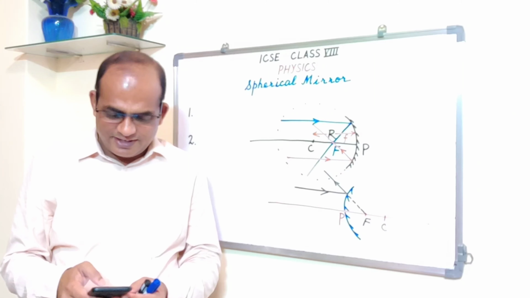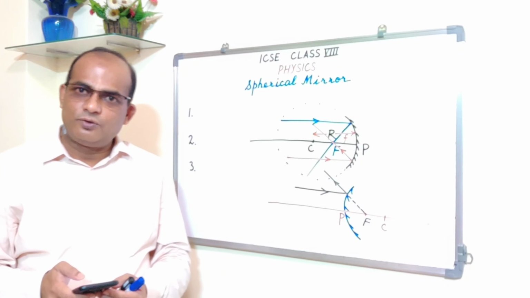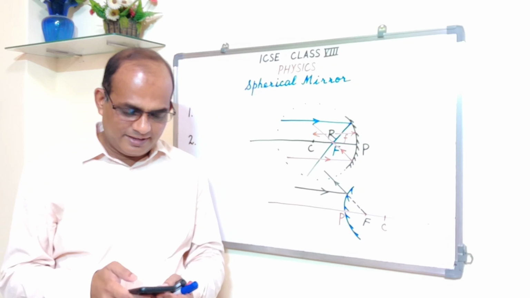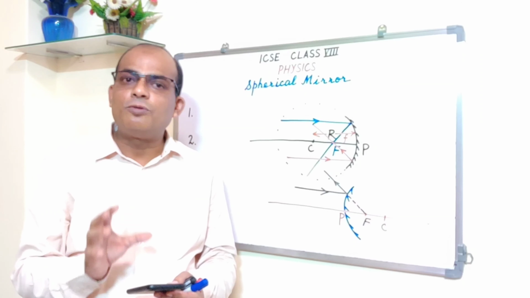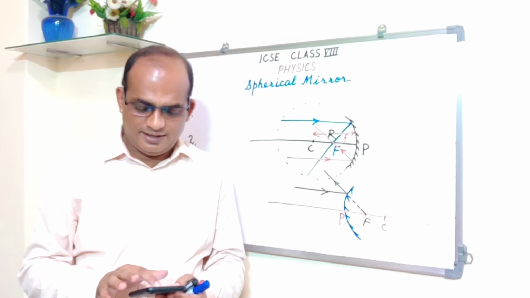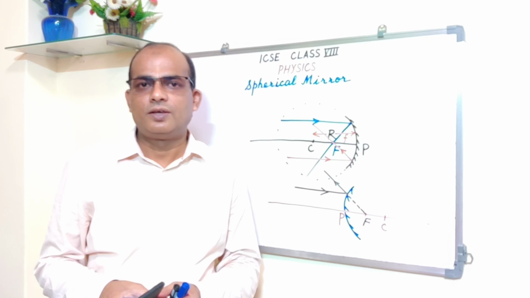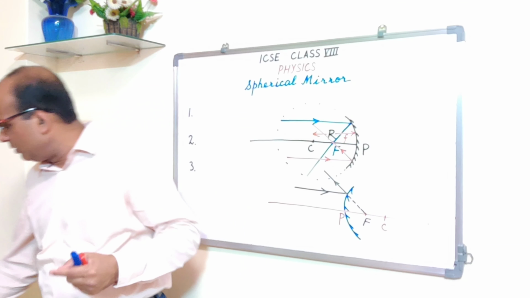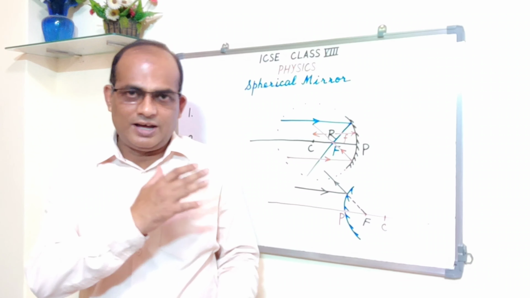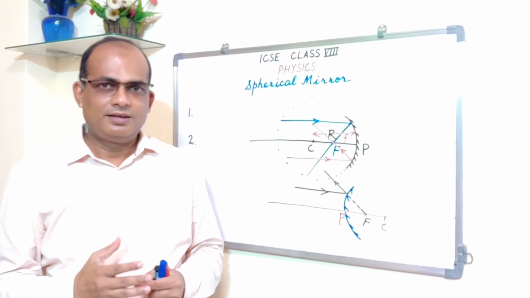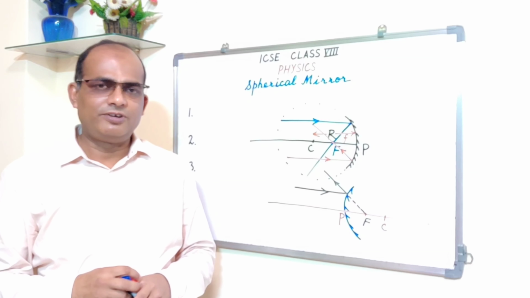In my next lecture, the question that we will be discussing is: state the rules for the formation of images by a spherical mirror. There I'll tell you four rays and how after reflection they pass. That is important, and they're not difficult, easy.